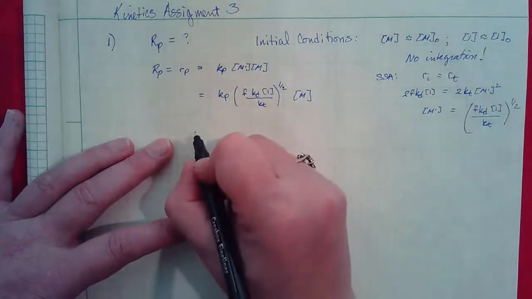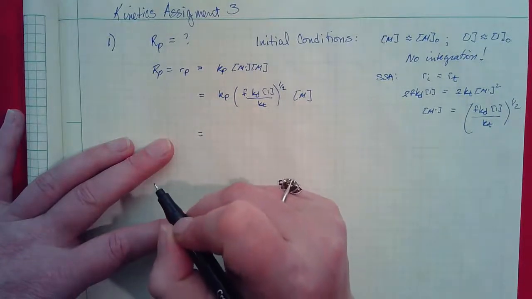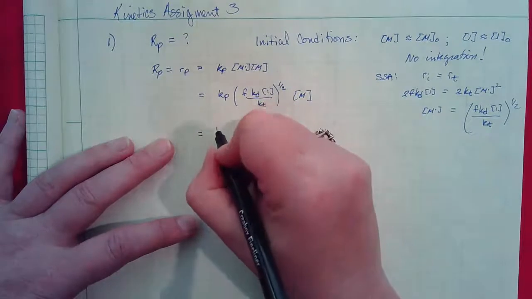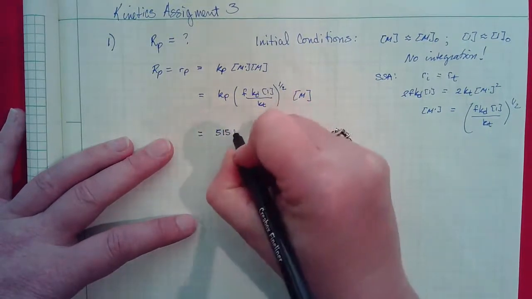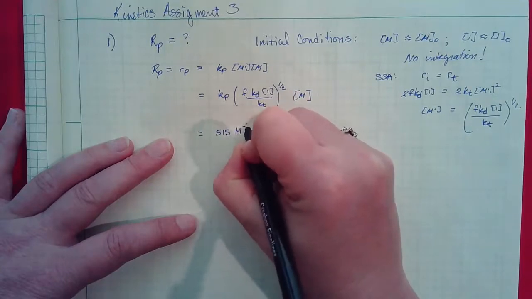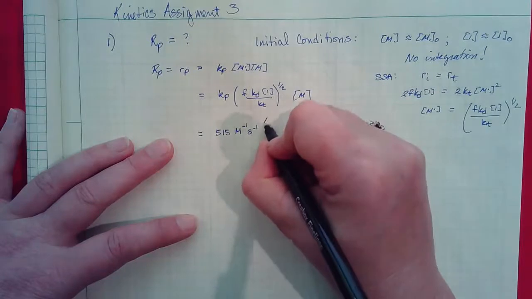All right. Now we can start plugging in the numbers, my least favorite part. We've got Kp equals 515 inverse molar inverse seconds. Let's do the brackets.